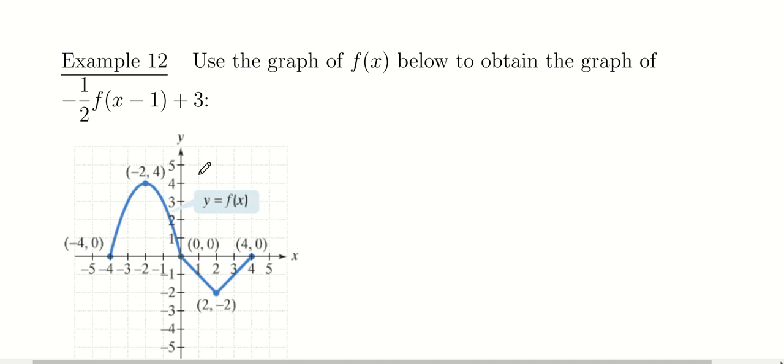Let's take a look at an example of this. In example 12, we are asked to use the parent function f of x below to obtain the graph of negative 1/2 f of x minus 1 plus 3. So first things first, there's obviously quite a bit being done here. The subtraction by 1 on the inside means that we will have a horizontal shift.